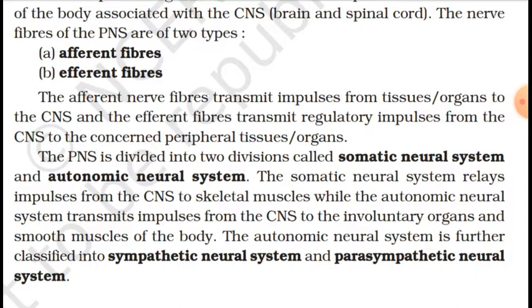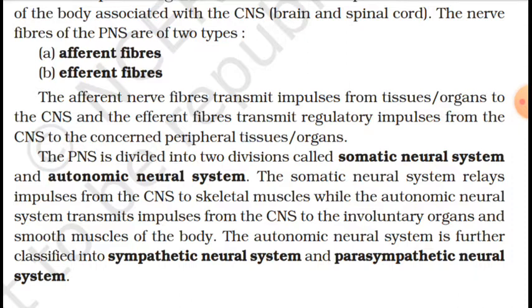What are the somatic and autonomic neural systems? The somatic neural system relays impulses from the CNS to skeletal muscles, whereas the autonomic neural system transmits impulses from the CNS to the involuntary organs and smooth muscles of the body.